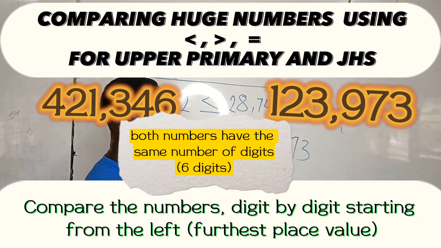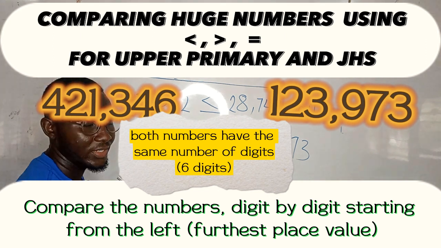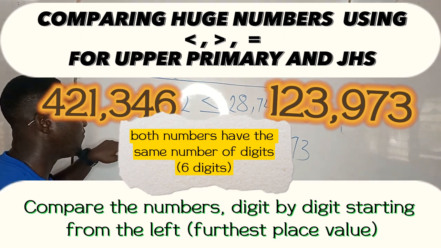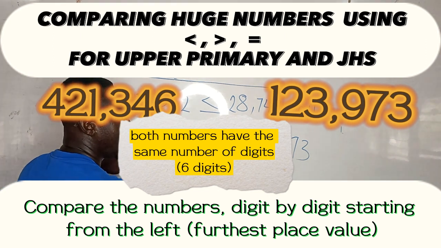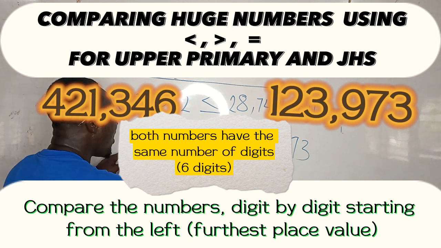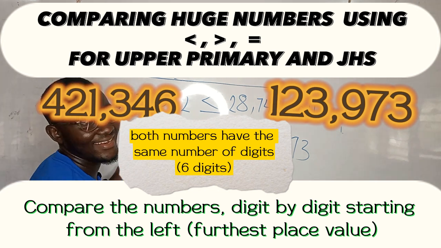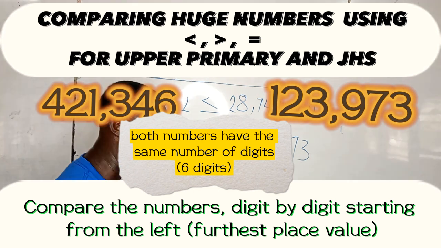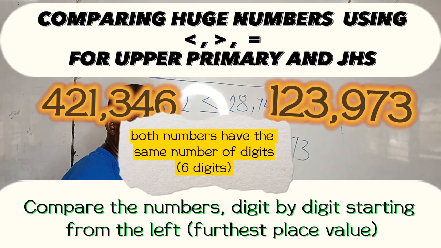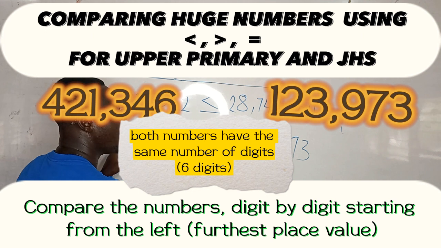Now, take note, don't start from the ones place value. When you start at the ones place value, you make a mistake. Start from the furthest number. So over here, we have 4 and then we have 1. Automatically, 4 is greater than 1. That is how you compare it. If you get the same number of digits, start comparing from the furthest number.